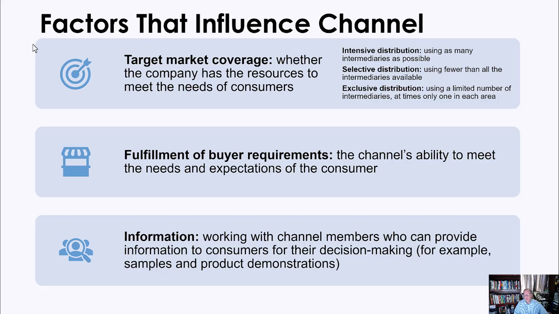That's a luxury jewelry item, and we don't want to distribute a luxury jewelry item just anywhere. We only want that to be in the Tiffany's store or on the Tiffany's online website. We want that to be a very exclusive experience.